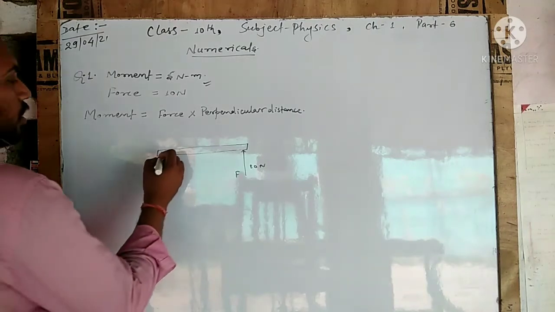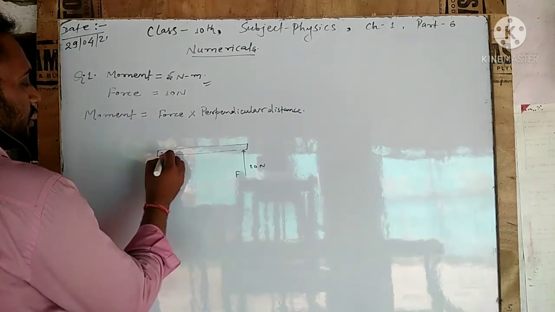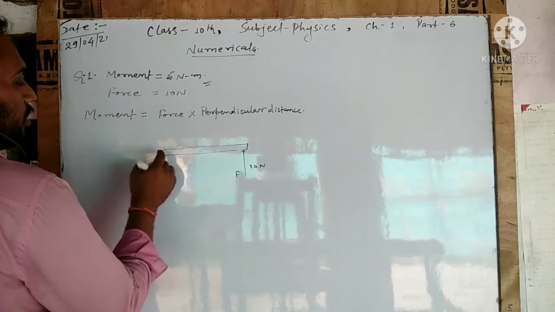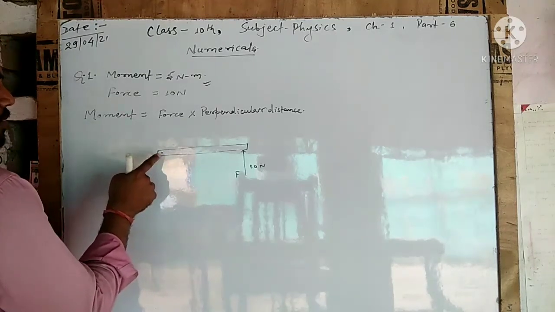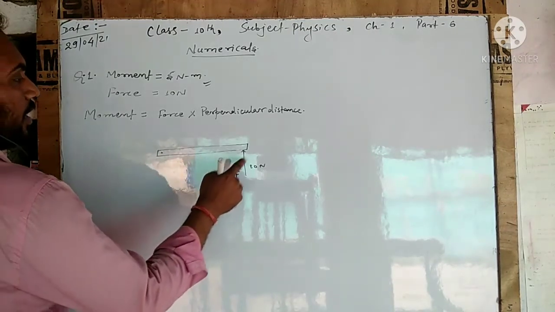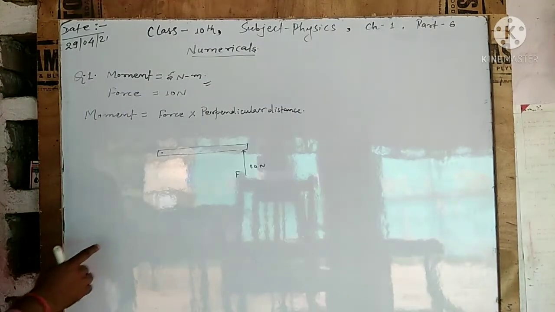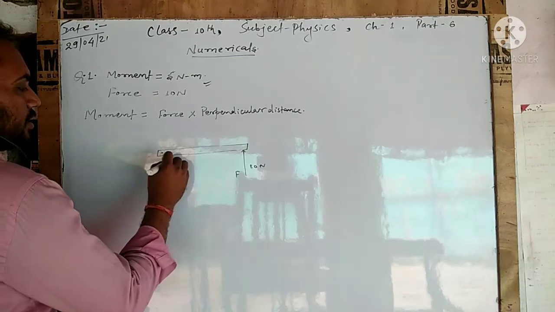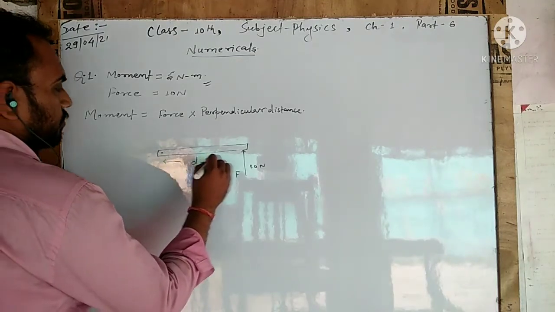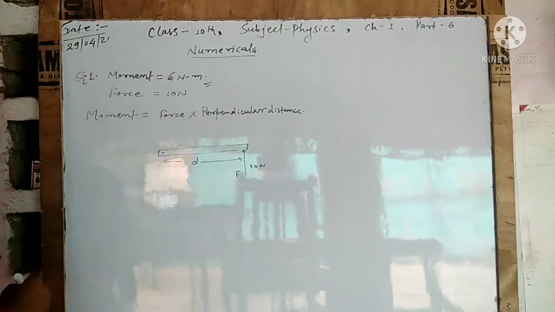What is the distance between the fixed pivoted point and the line of action of the force? This you have to find. Let's say this distance is d.